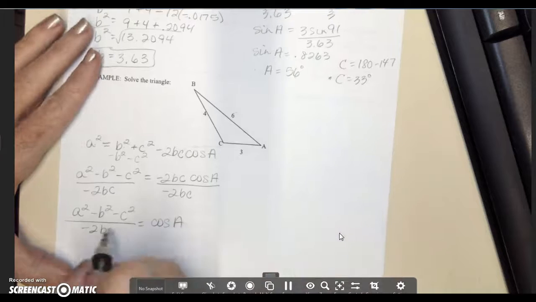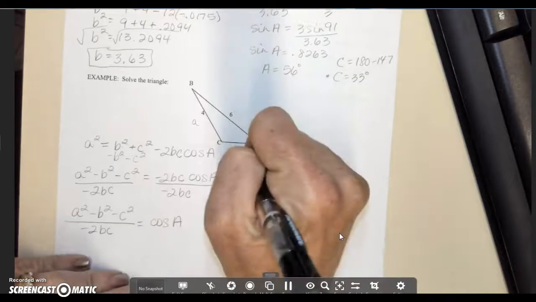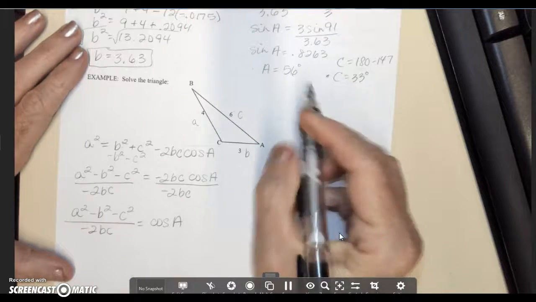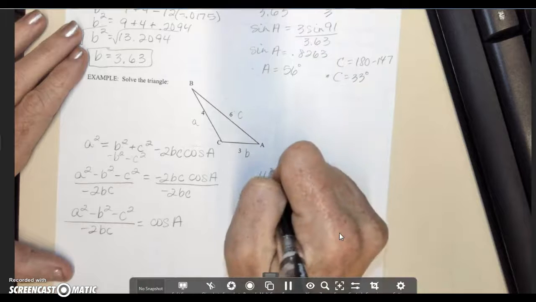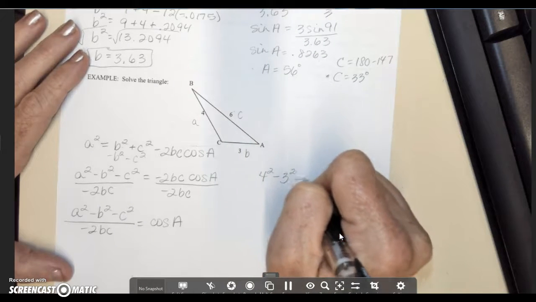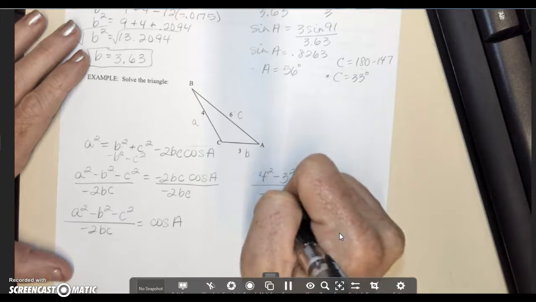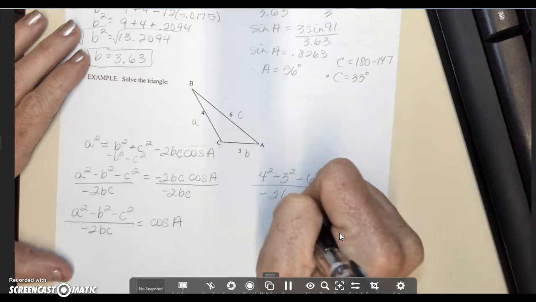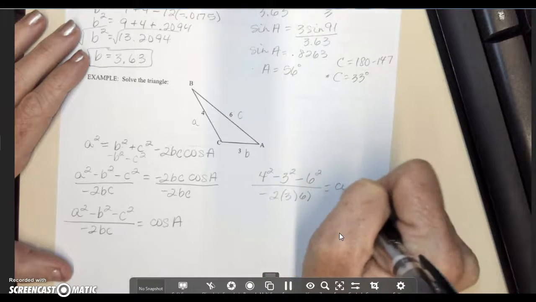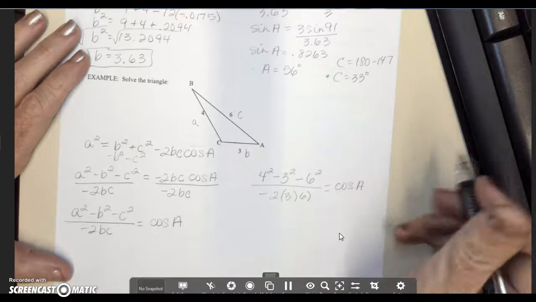So, in this case, we'll have our a squared. Let's label these. So, a is 4. So I would have 4 squared minus my b squared, which is 3, minus 6 squared, all over negative 2 times b is 3 and c is 6, equals the cosine of a.